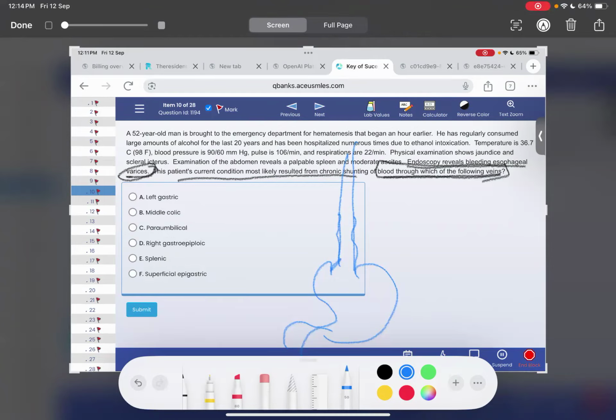Physical examination shows jaundice and scleral icterus. Examination of the abdomen reveals a palpable spleen and a moderate ascites. Endoscopy reveals bleeding esophageal varices. This patient's current condition most likely resulted from chronic shunting of blood through which of the following veins?